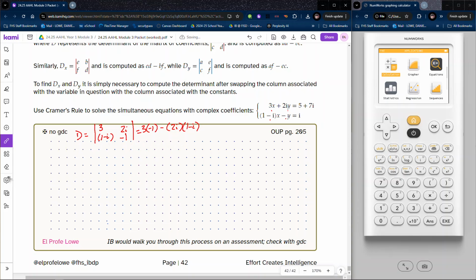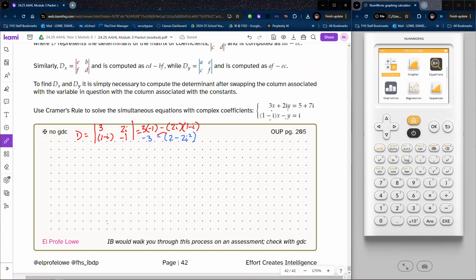And so if I go ahead and distribute, that's going to give me negative 3 minus 2i squared. We know that i squared is negative 1, so this would be like saying plus 2. But then I need to distribute the negative to both terms.